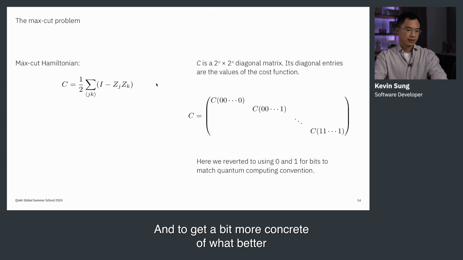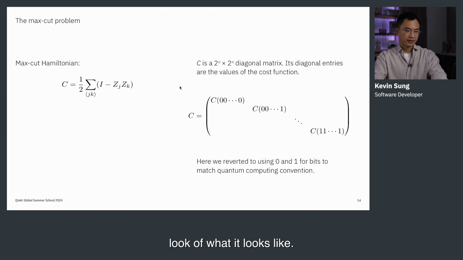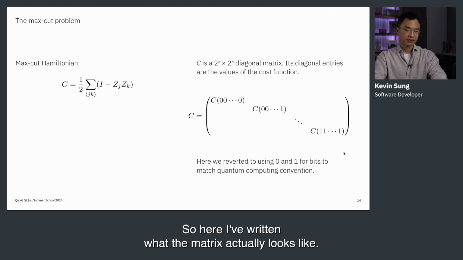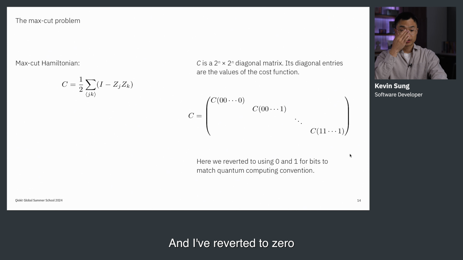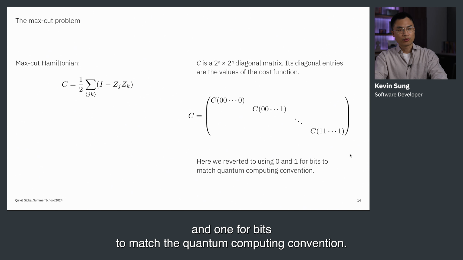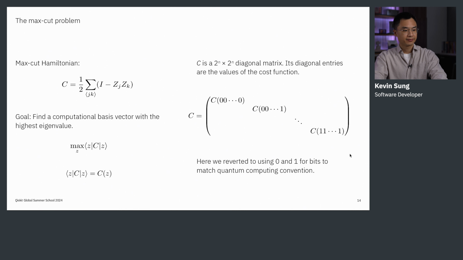And to get a bit more concrete of what it looks like, it's a 2 to the n by 2 to the n diagonal matrix, and its diagonal entries are the values of the cost function. So here I've written what the matrix actually looks like, and I've reverted to 0 and 1 for bits to match the quantum computing convention.